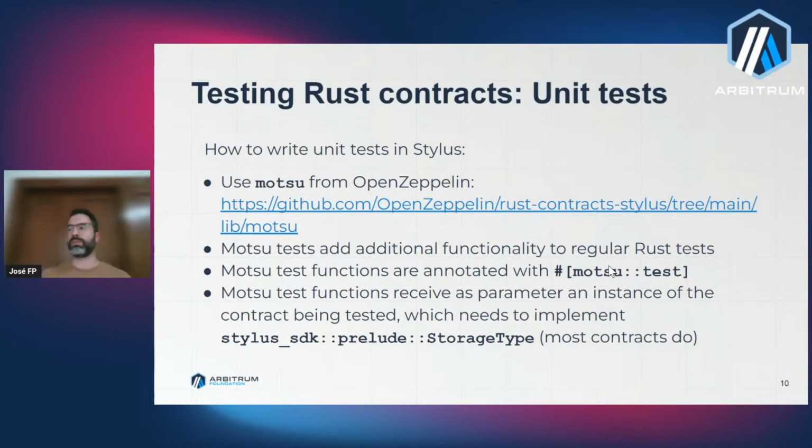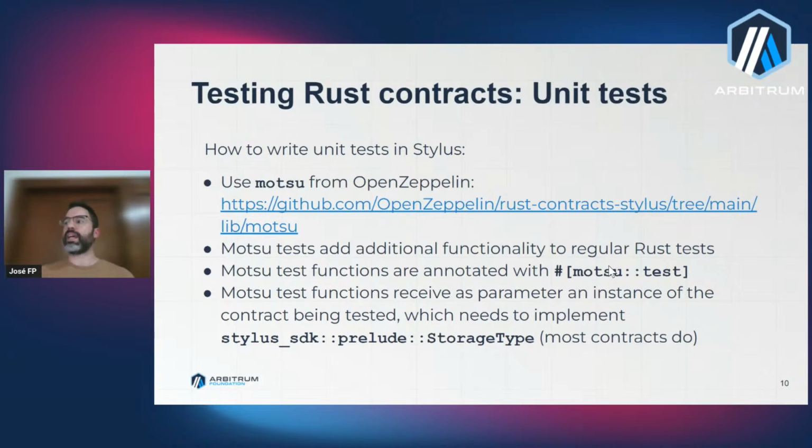Also, we want to be able to call functions from the virtual machine, VM affordances, like, I don't know, getting the balance of the contract, for example. So all of that functionality is provided by Motsu on top of the regular testing framework that Rust provides.